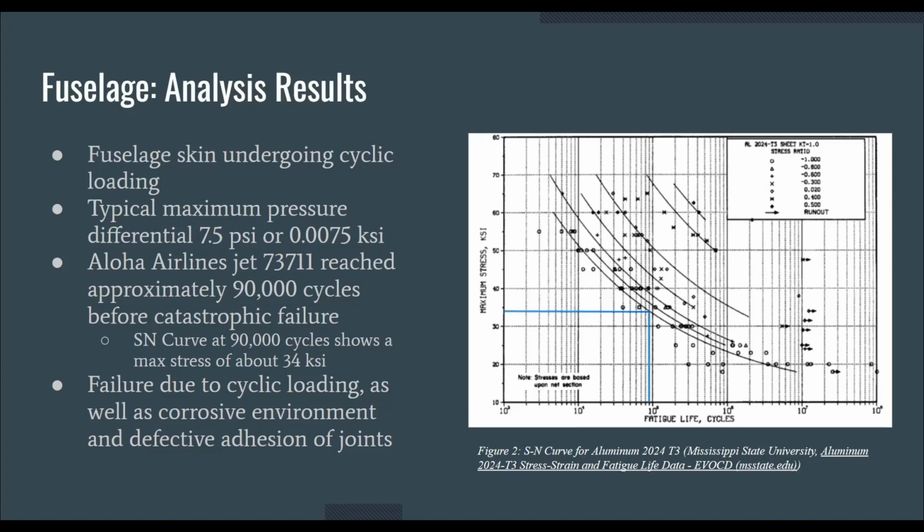However, the analysis of cyclic loading was directed using the Aloha Airlines case study. In this case, the aircraft underwent approximately 90,000 cycles before catastrophic failure. So denoted in blue, for both the horizontal and vertical lines in the figure, a loading of approximately 34 ksi would have been needed to reach that failure.